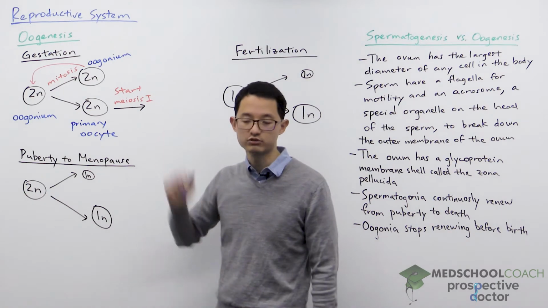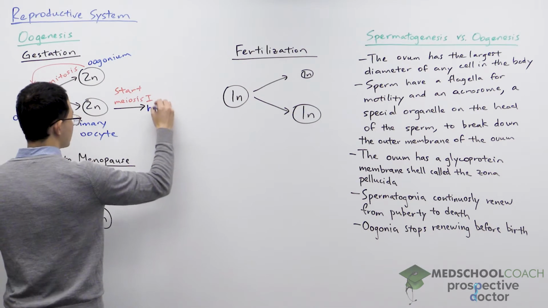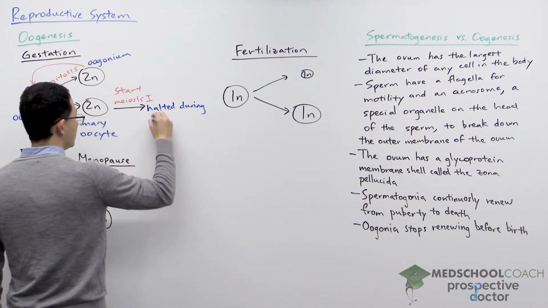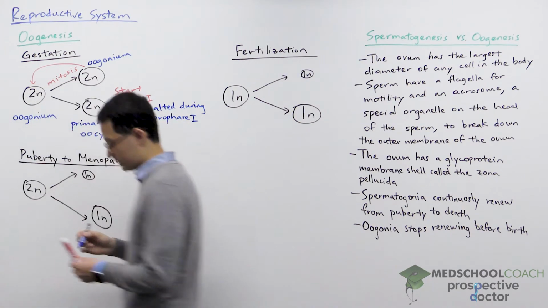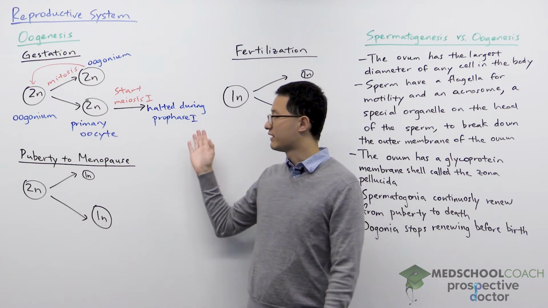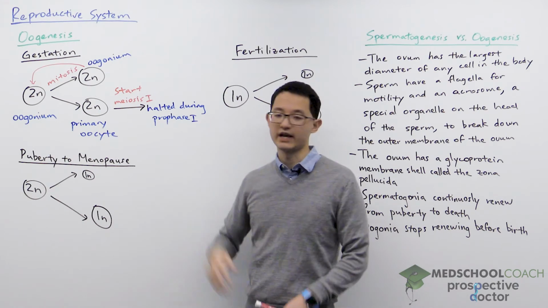It's actually going to be halted in the middle of meiosis 1, specifically during prophase 1. So once the female is born, she has a bunch of primary oocytes that are all halted at prophase 1.